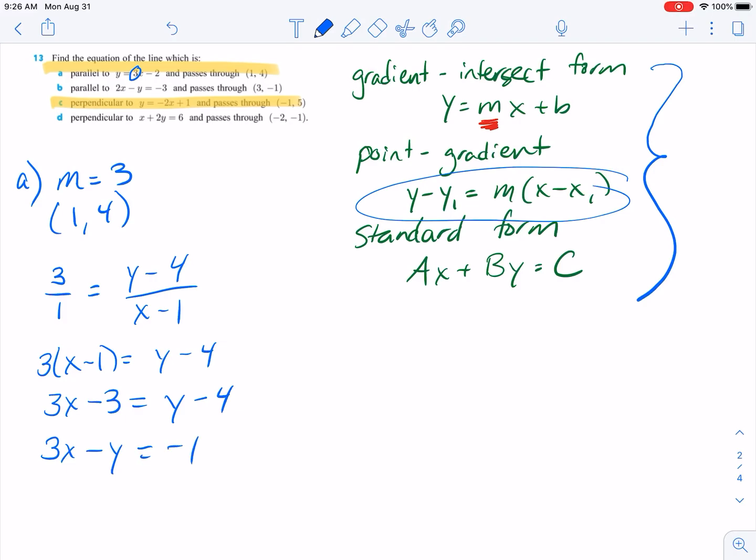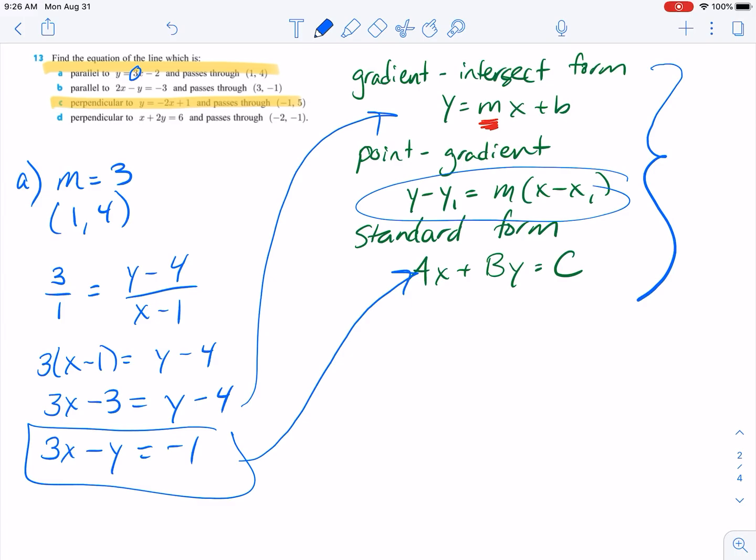If I want gradient-intercept form, then y is equal to 3x plus 1. Those are the two forms, and that's pretty straightforward.